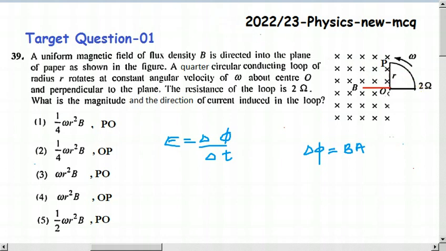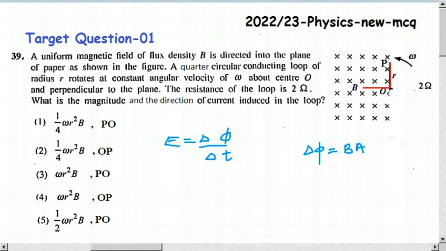So therefore we have to neglect this part and this part. Only we have to consider this piece. It is rotating from here to here. So what is the area cut by this line? A quarter circle.